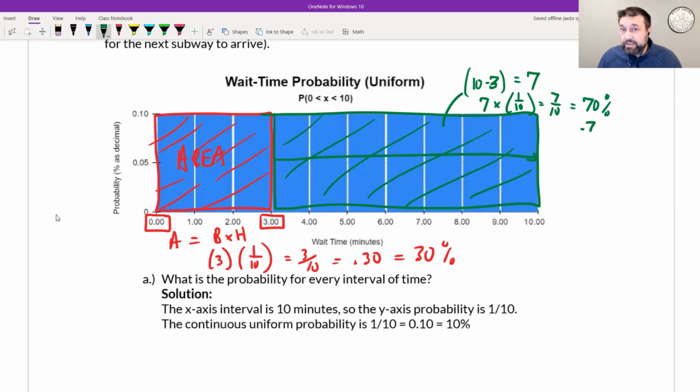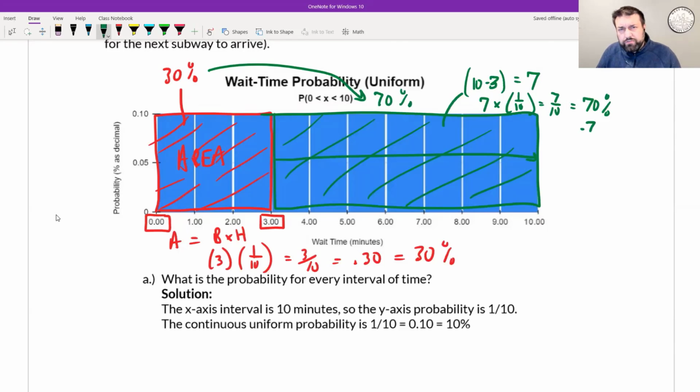Another way you could find it is by using the complement. If you know that the red area is 30% and you know the entire area is 100%, you could use the complement to quickly deduce that the green area is 70% because they're complements, right? They have to add up to 100%.